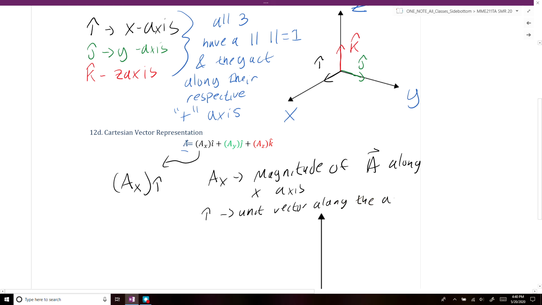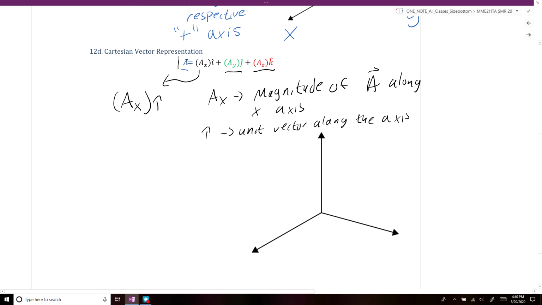We can do the same process for Ay and Az, where Ax, Ay, and Az are the magnitudes of our vector A along the x, y, and z axes, and i, j, and k are our unit vectors.